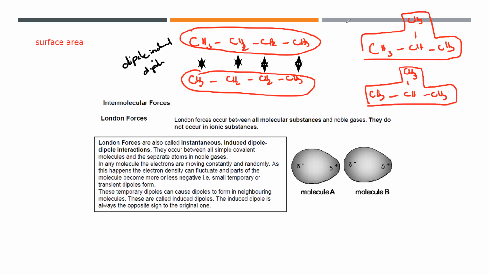When we check the branched one, only this side is exposed, where they are in contact with each other. It's like a jigsaw puzzle, which can fit in a certain direction. As you can see, the area in which they are in contact is small compared to when they are straight chain.